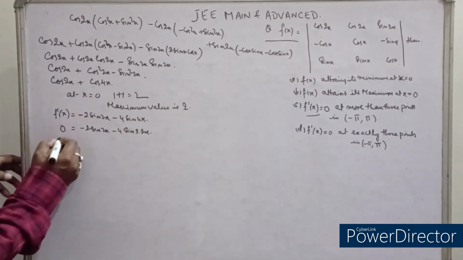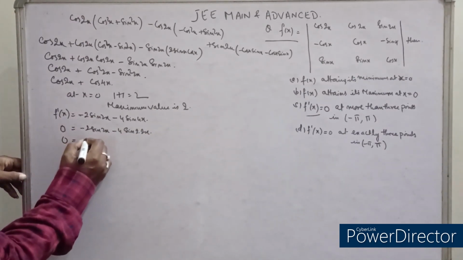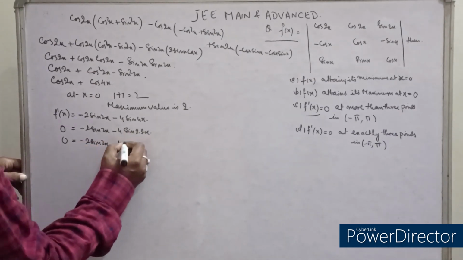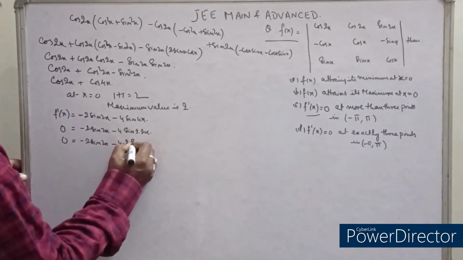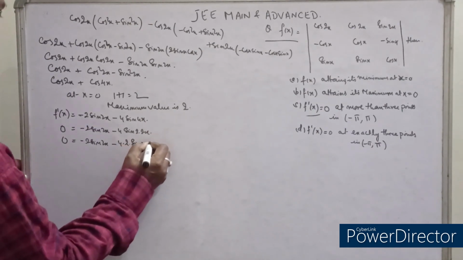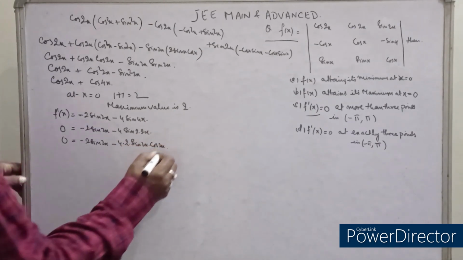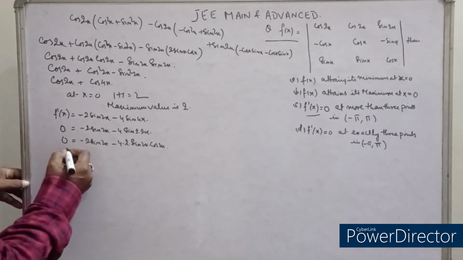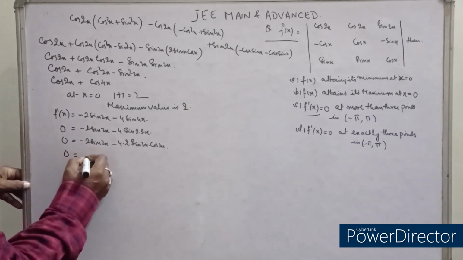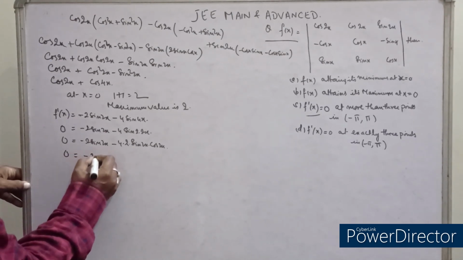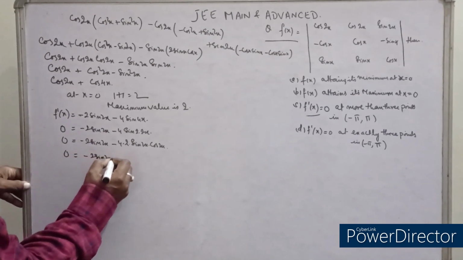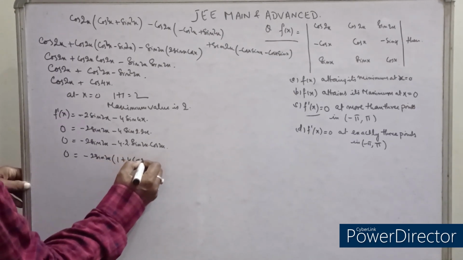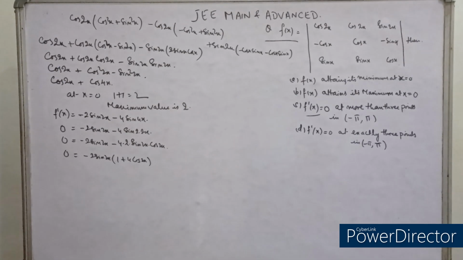So this will be 0 is equal to minus 2 sin 2x minus 4, this is 2 sin 2x into cos 2x. So now here this will be 0 is equal to minus 2 sin 2x is your common, 1 plus 4 cos 2x, this is your last result.